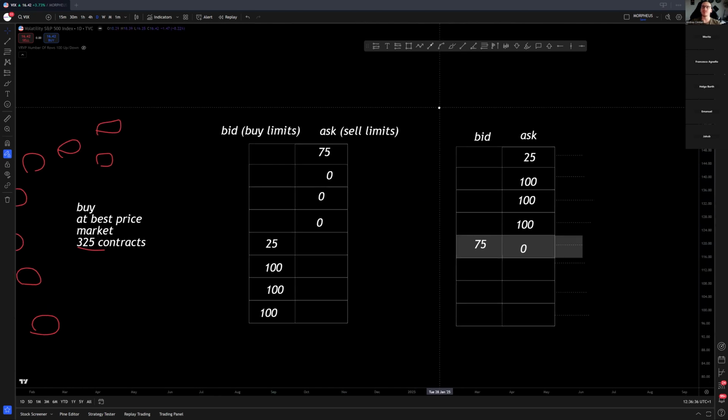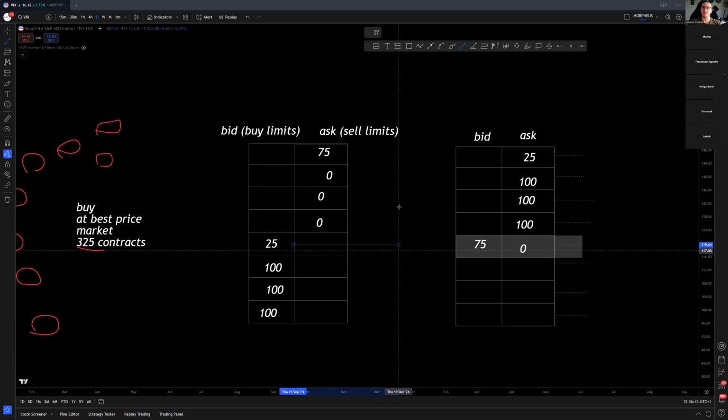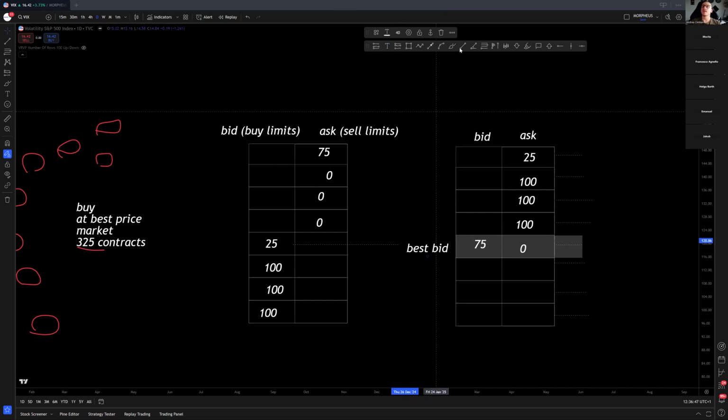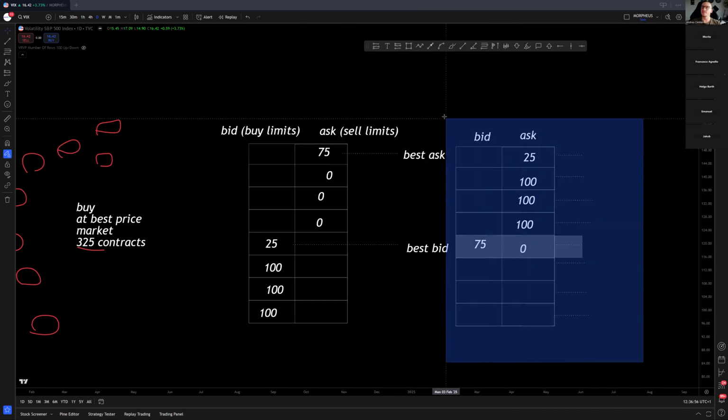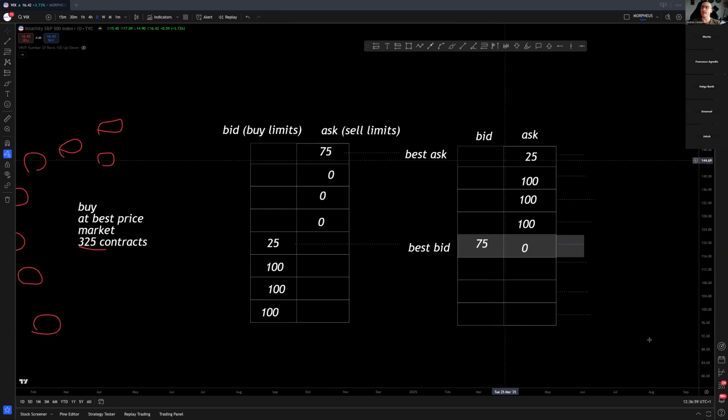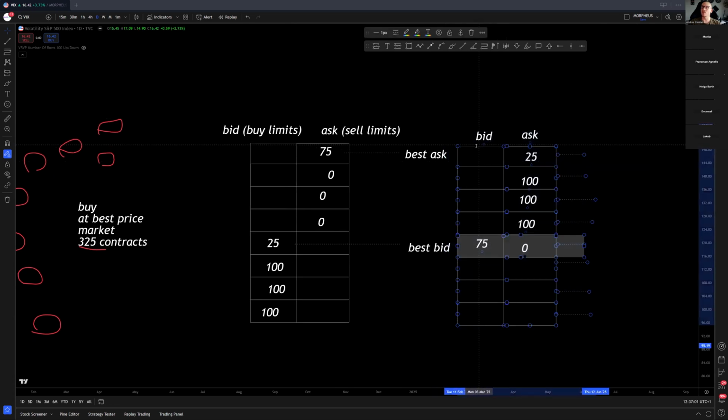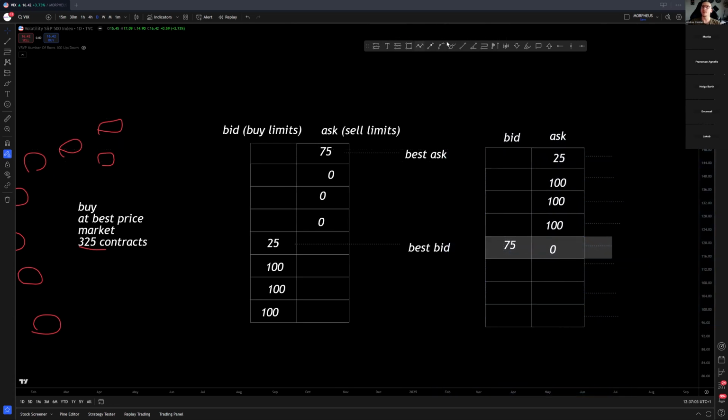So now, if I want to sell, the best price is still this. This is what we call the best bid. And this is what we call the best ask. So when anyone now tries to buy or sell anything, there's a gap between the best price to buy and the best price to sell.